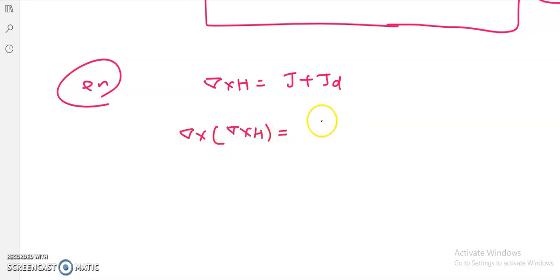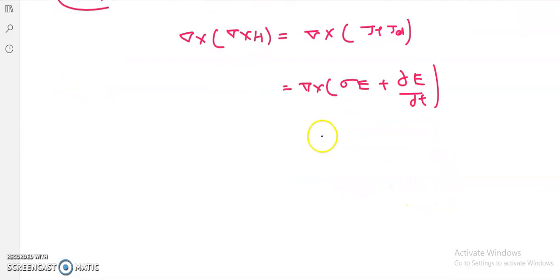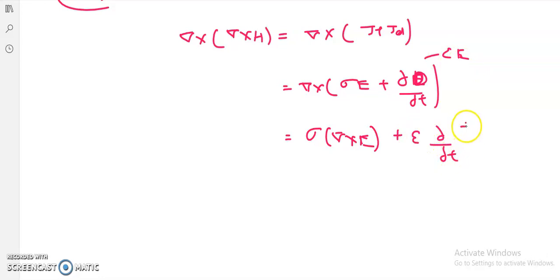Then del cross of del cross H is equal to del cross of J plus JD, and it becomes del cross of sigma E plus dou D by dou T, and that is equal to sigma of del cross E plus, sorry, it is D, the electric flux density, and this electric flux density can be taken as epsilon into E, right? So epsilon is a constant, so just bring it outside: dou by dou T of del cross E.